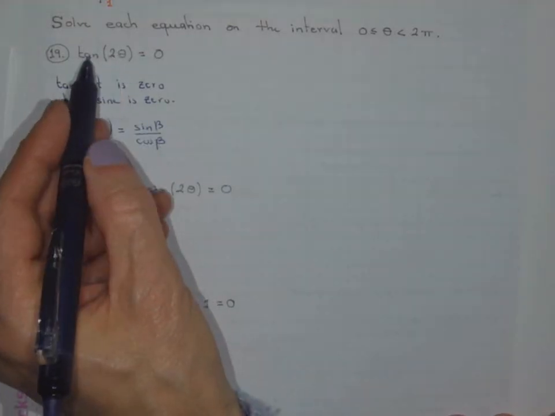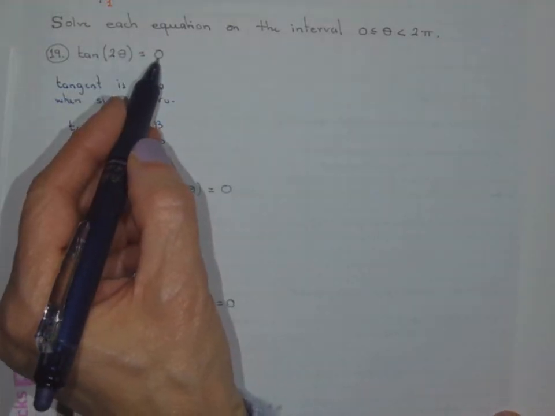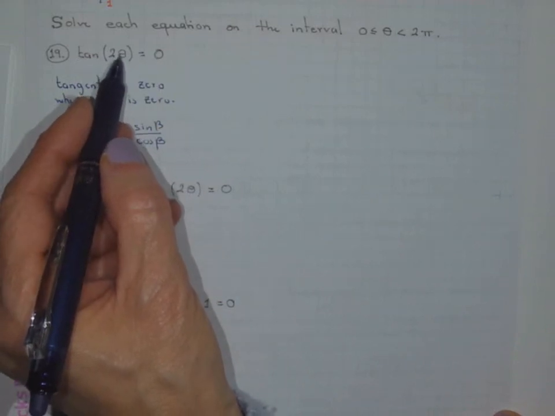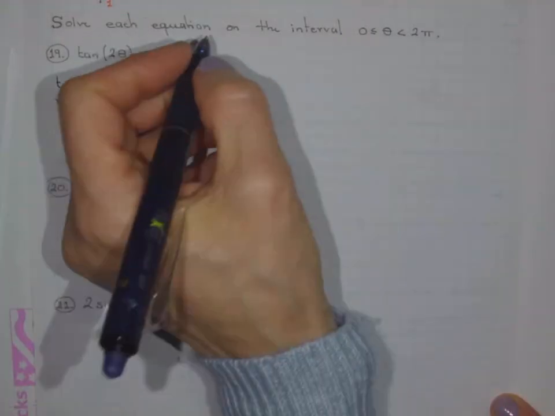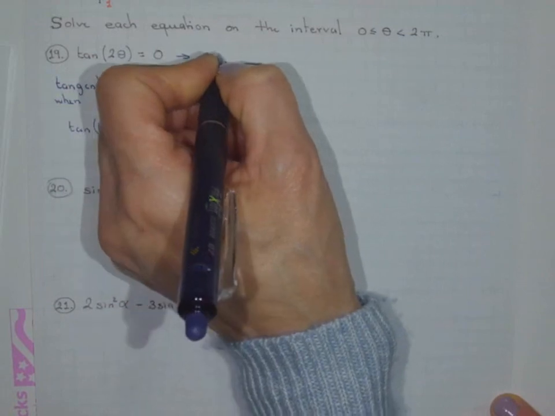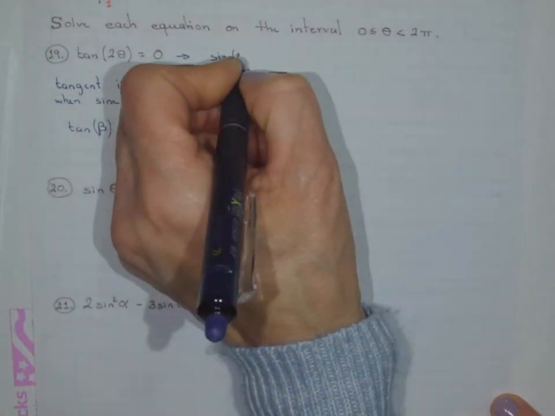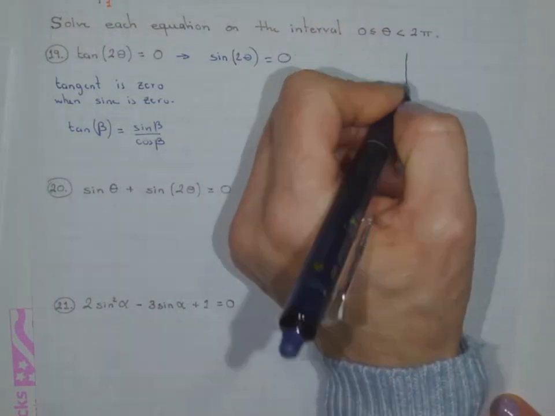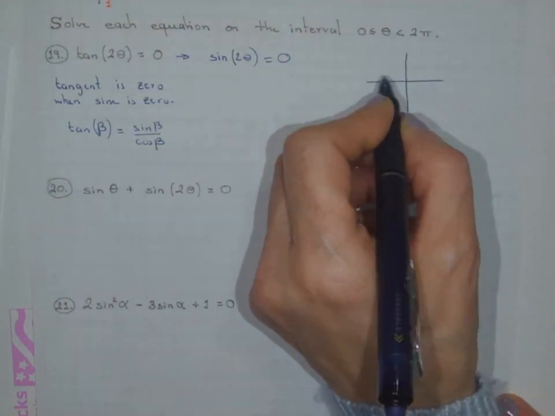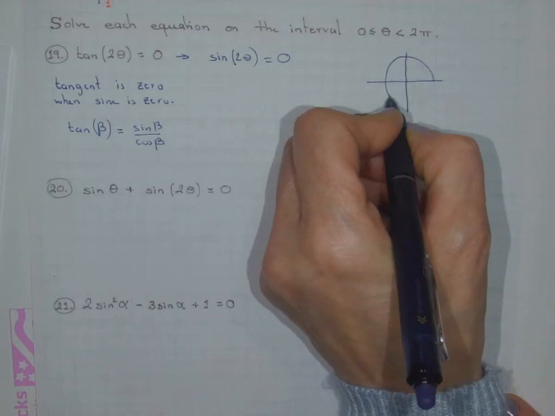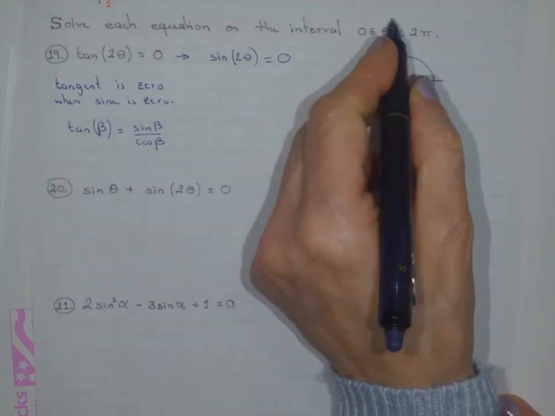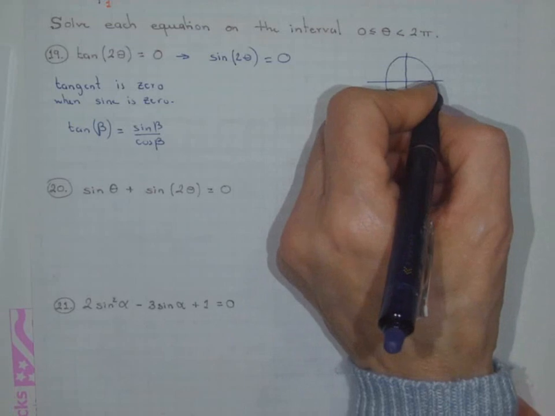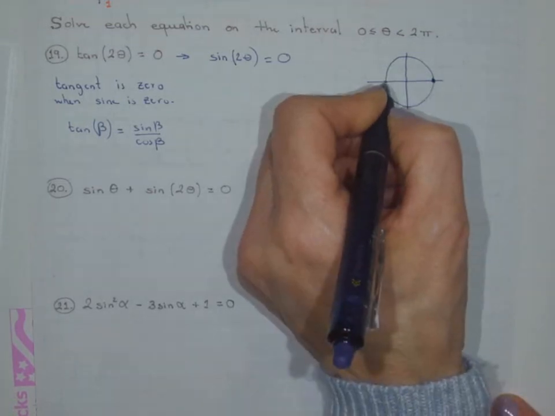And so we're going to say, okay, tangent is going to be 0 when the sine of 2 theta is going to be 0. And so now I have to ask myself, I am between 0 and 2 pi on the unit circle, where is the sine going to be equal to 0 on that interval? Well, right there, and then right there, right?